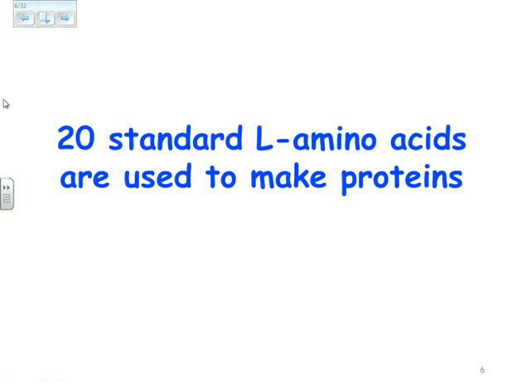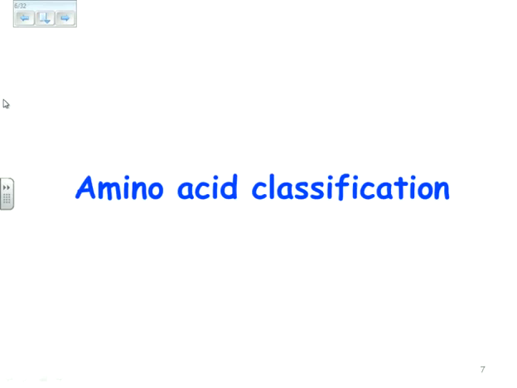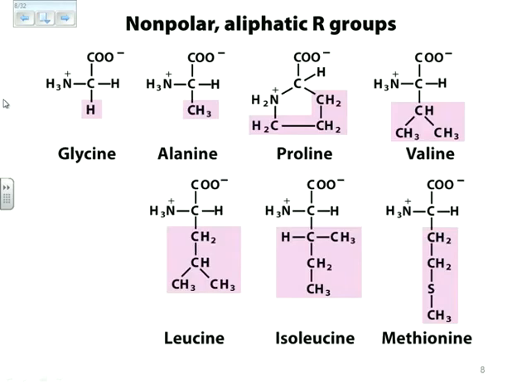So yesterday we learned a little bit about amino acids. Do you remember what that central carbon is called with all your functional groups coming off of it? Alpha. It's your alpha carbon. What are the two functional groups that come off every single amino acid?